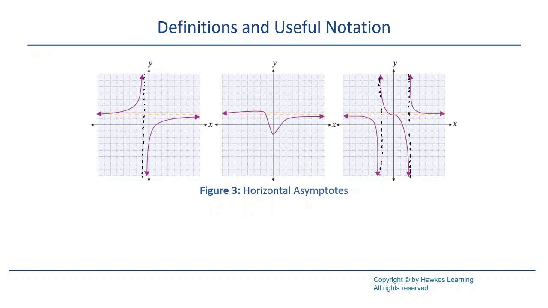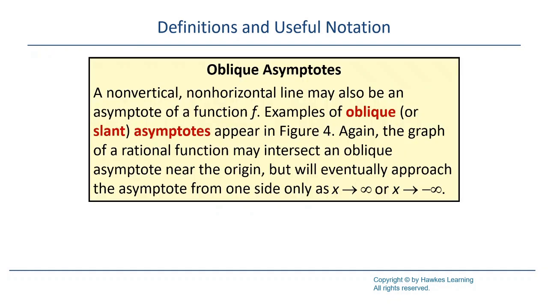So next thing to do would be the oblique. And then some people don't like using the word oblique, so they just say slant. But slant, it makes sense because, well, it's a non-vertical, non-horizontal. So if it's non-vertical and non-horizontal, you end up with something like y equals mx plus b.